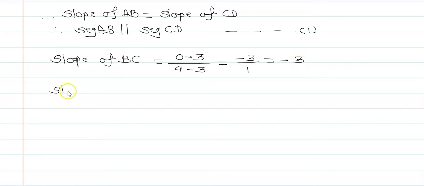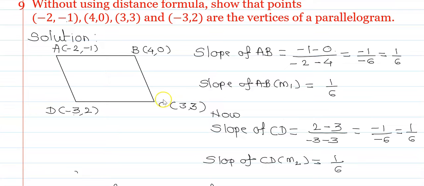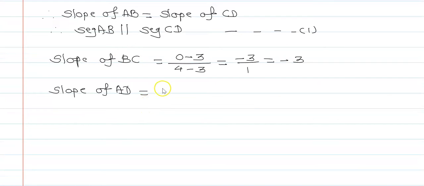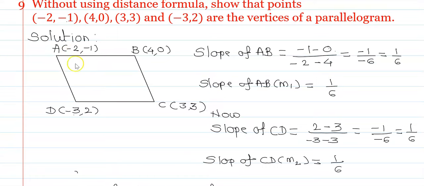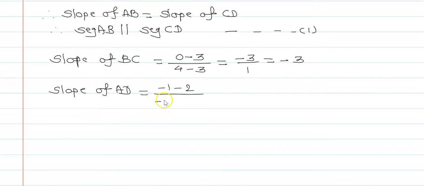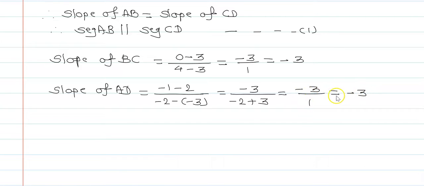Slope of AD is minus 1 minus 2 upon minus 2 minus in bracket minus 3, and this equals minus 3 upon minus 2 plus 3, overall minus 3 upon 1, and that is equal to minus 3.